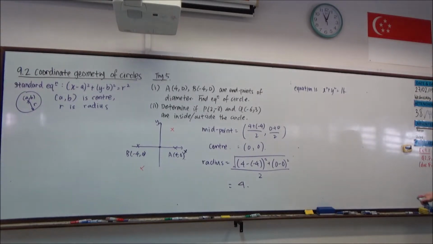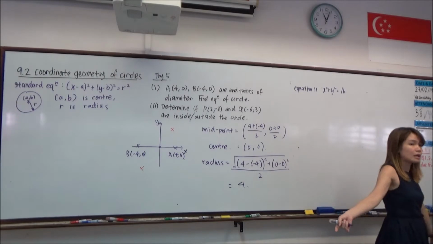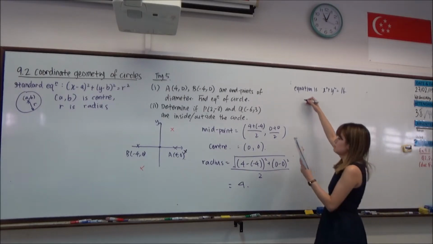You see whether it's larger or smaller than the radius. Very good. If it's inside, the value should be smaller than the radius. If the value is larger, then it will be outside the circle. So that will be the approach that we take.